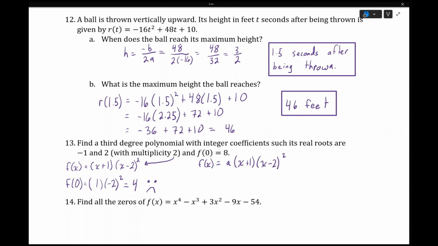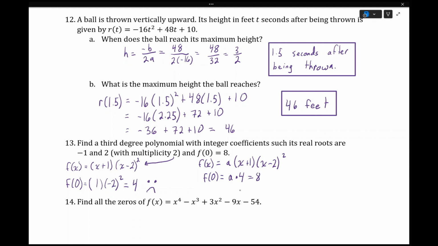Now, what is that a? Well, let's plug in f of 0. And as we know, that x plus 1 times x minus 2 squared, when I plug 0 into there, I get 4. So f of 0 is a times 4, whatever that leading coefficient is, times 4. Well, we know that's supposed to equal 8.